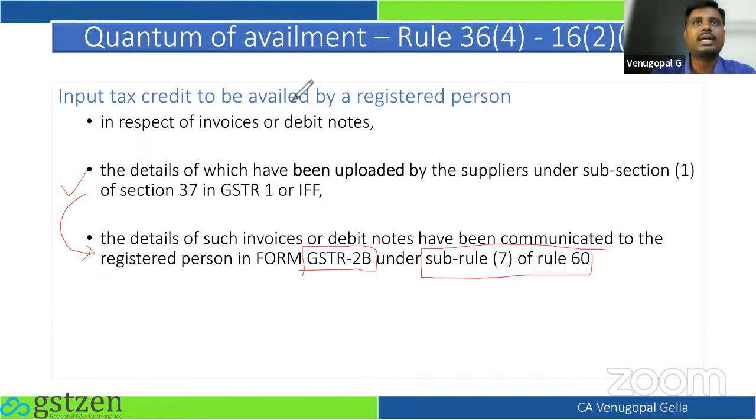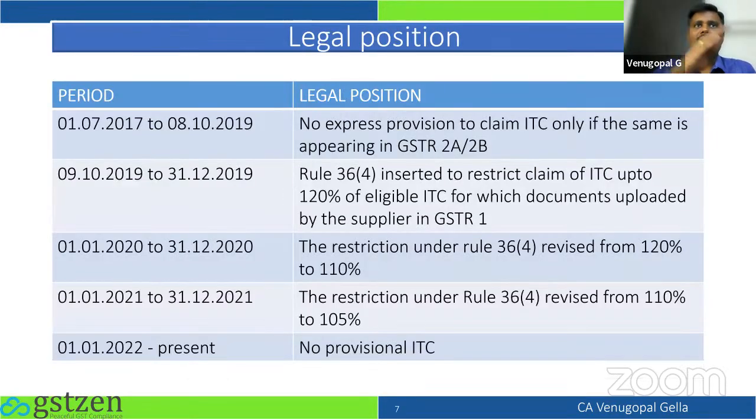This is one condition that has been made effective from various dates over time. Initially, till 8th October 2019, there was no concept of this. Starting from 9th October 2019, it has been implemented, where they said you are allowed to take up to 20% over and above the credits that are visible. But till that point, they were only referring to the invoices furnished by the supplier within the due date.